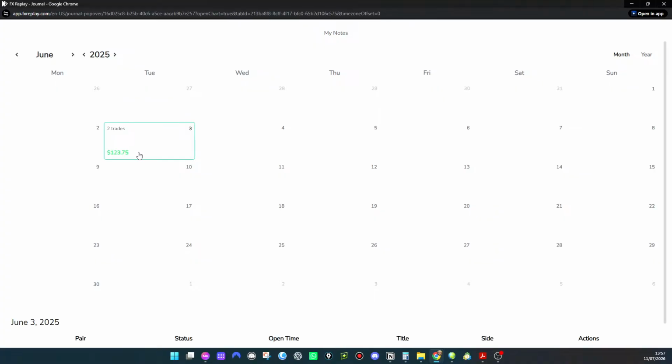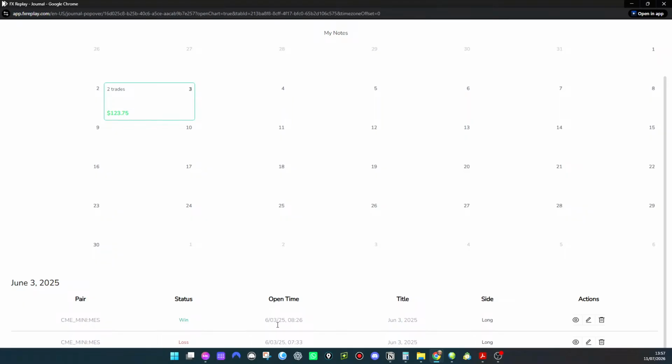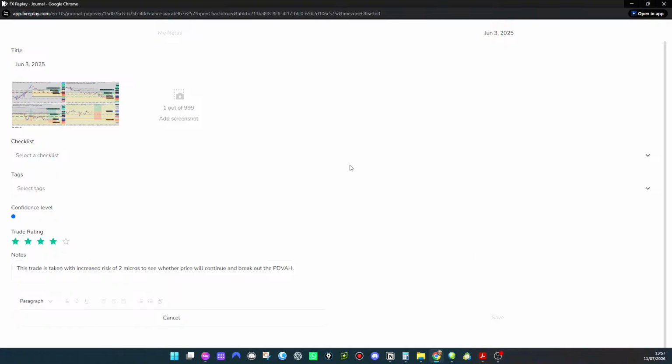I will try to log the trade. So you can see two longs. Now I can possibly log it. Yeah, so now I can take a screenshot of the after.